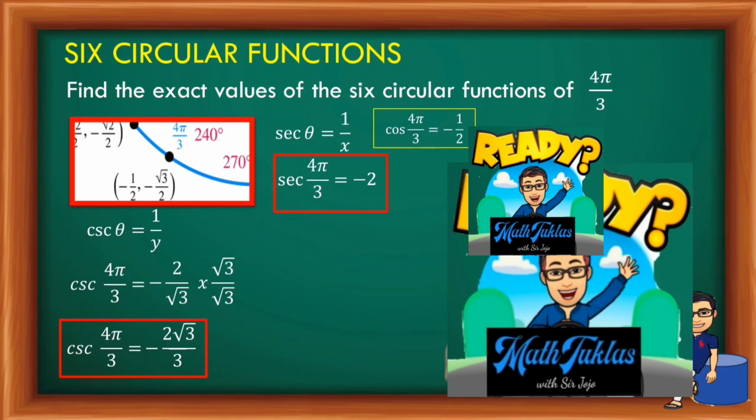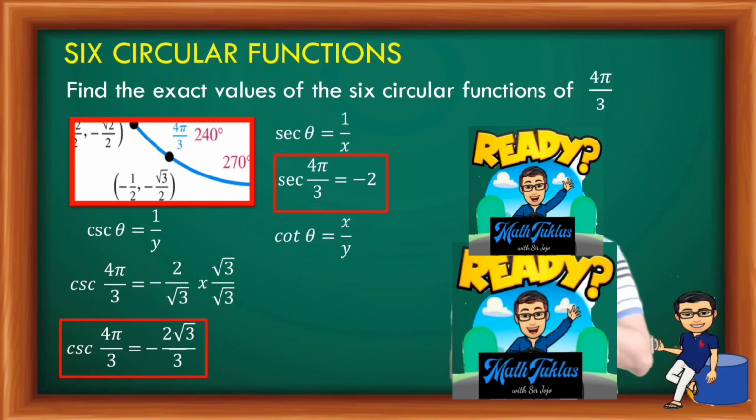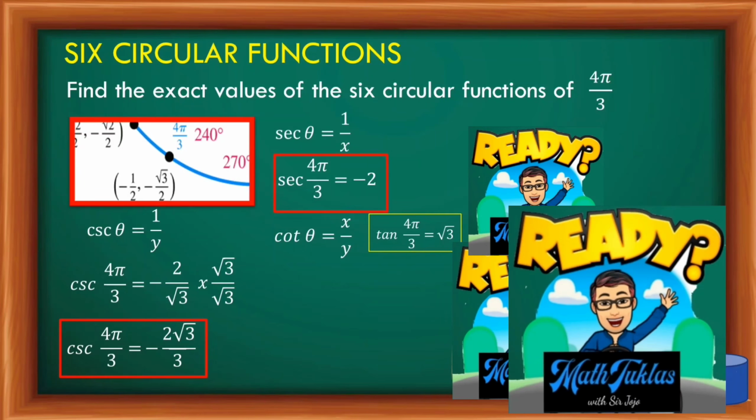Okay, so I hope nasusundan natin. This time, yung ka-reciprocal naman ng tangent, which is cotangent theta, which is equal to x over y. So, ano ngayon ang gagawin natin? Anong sagot natin kanina sa ating tangent? Ang tangent natin ay equal to square root of 3. So, ano ngayon ang reciprocal ng square root of 3? Ang reciprocal ng square root of 3 ay 1 over the square root of 3.